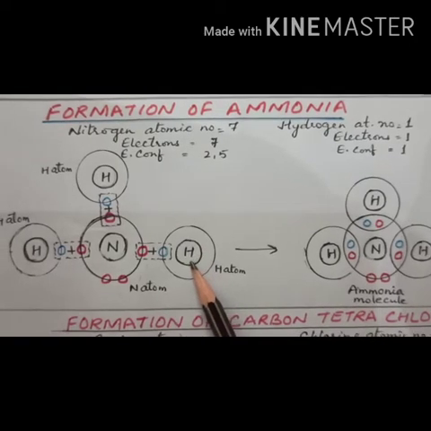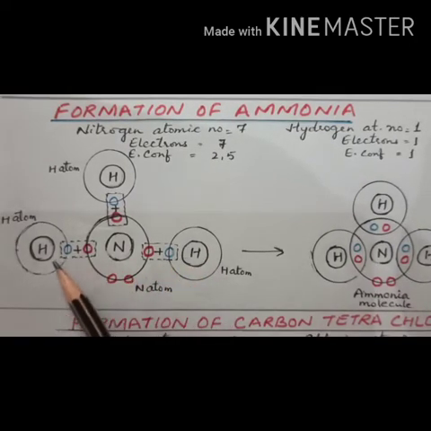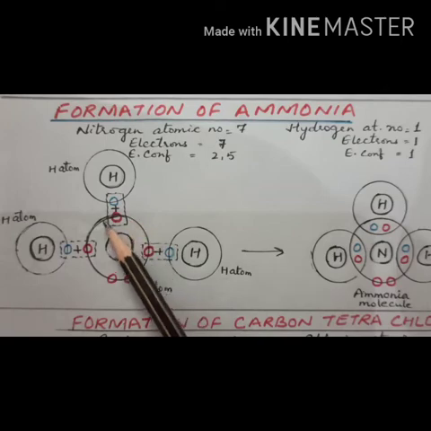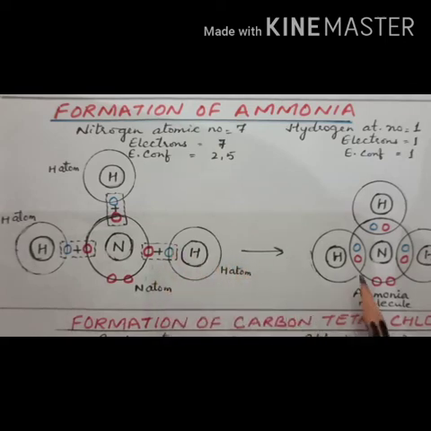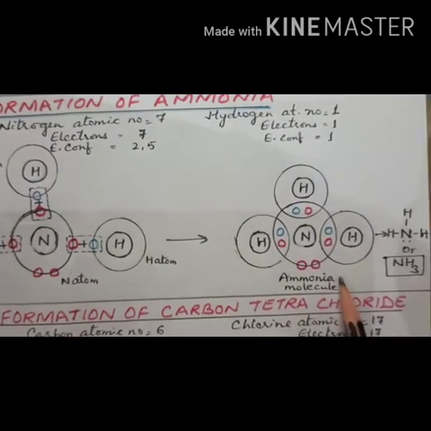It will combine with 3 atoms of hydrogen to get a stable electronic configuration. Right? With these 3 atoms of hydrogen, 1 pair of electrons is shared from each hydrogen atom, and after sharing it forms an ammonia molecule.